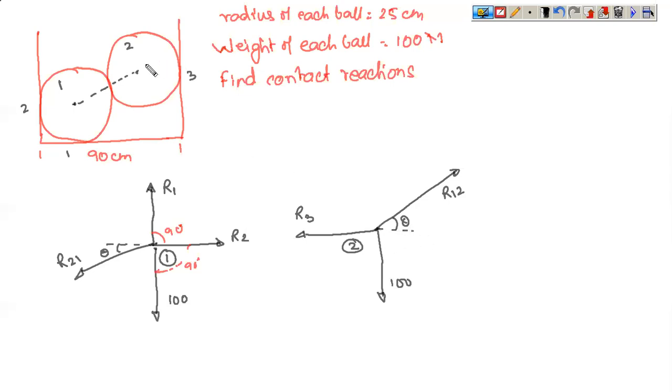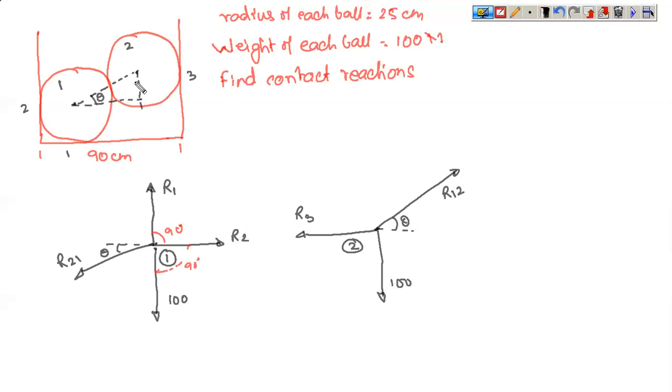To find out the value of theta, we are joining the center to center and let us complete a triangle. Okay. So if you complete a triangle, this is theta.